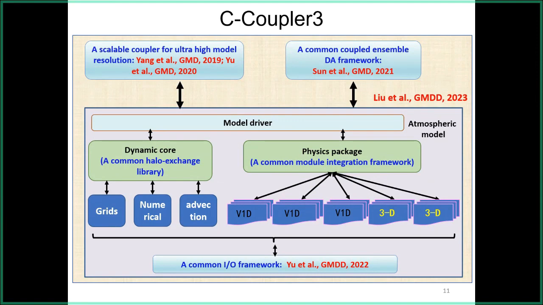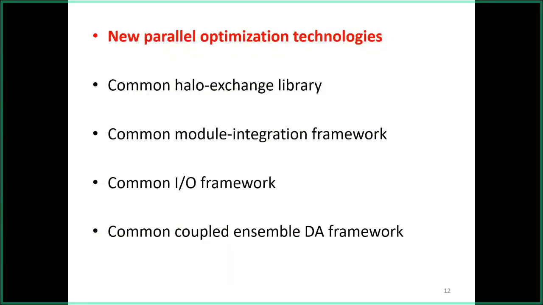And it has a common halo exchange library for model parallelization and a common module integration framework that can integrate 3D parameterization schemes into a 1D, just single column, physics package. And it also has a common I/O framework to improve the I/O performance and make the data input and output as flexible as possible.